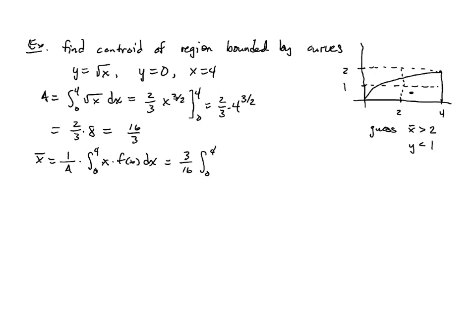Integral from 0 to 4 of x times the function f of x, which is square root of x, so x to the 1/2 dx. We integrate this by combining the exponents. x times x to the 1/2 is x to the 3/2.